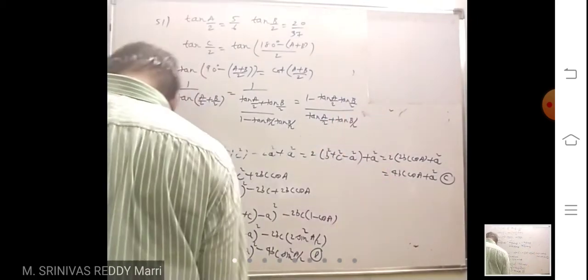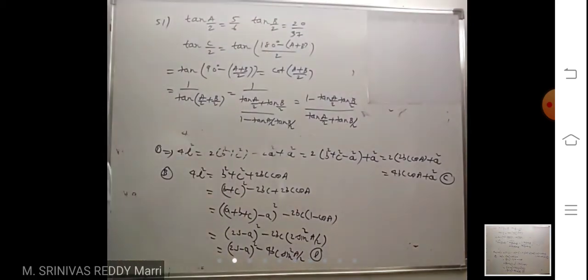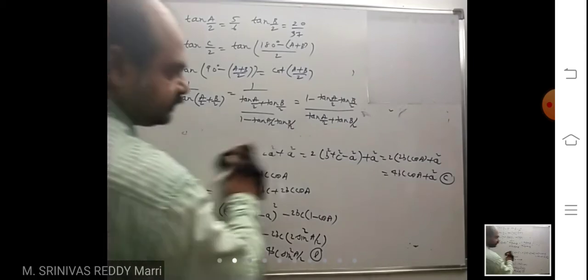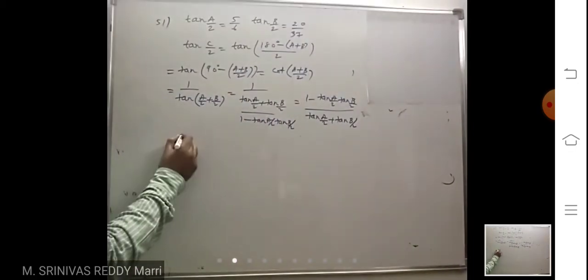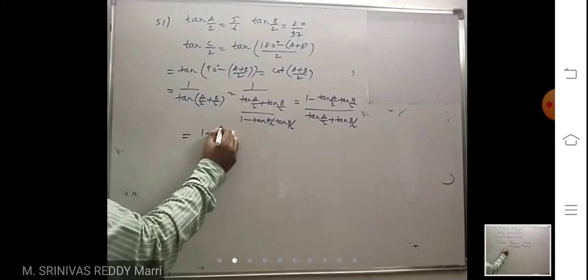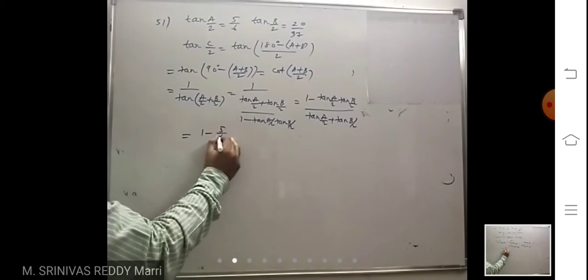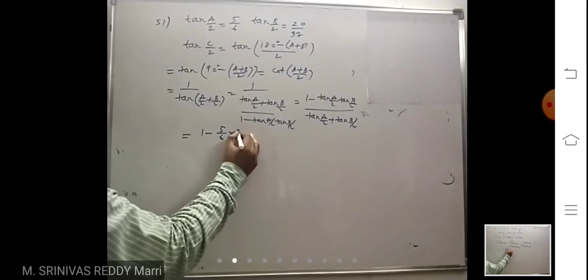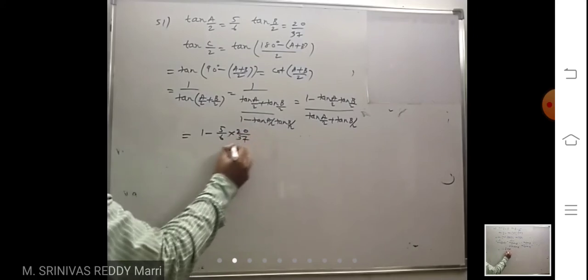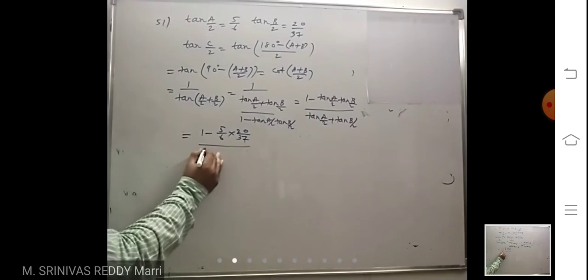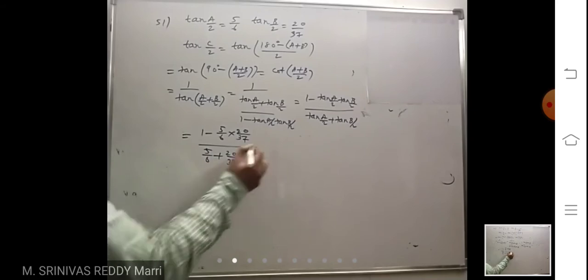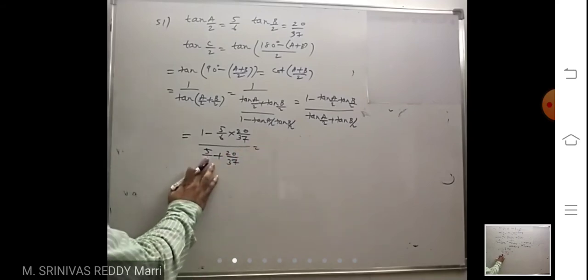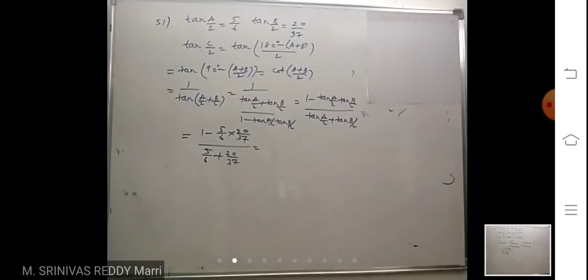Now substitute the values of tan A by 2, tan B by 2. So you will get 1 minus 5 by 6 into 20 by 37 divided by 5 by 6 plus 20 by 37. Right? You calculate this value.